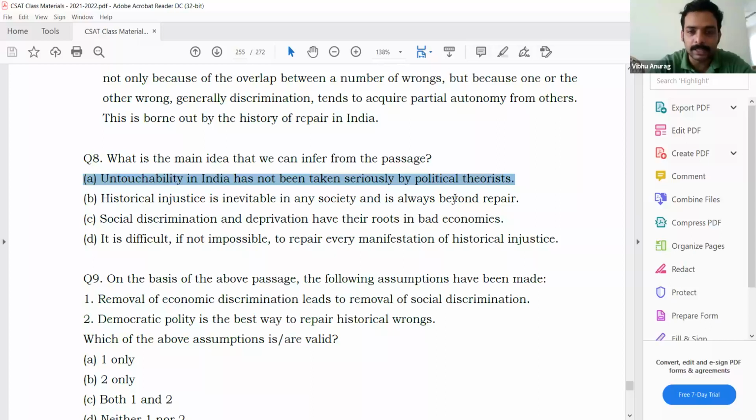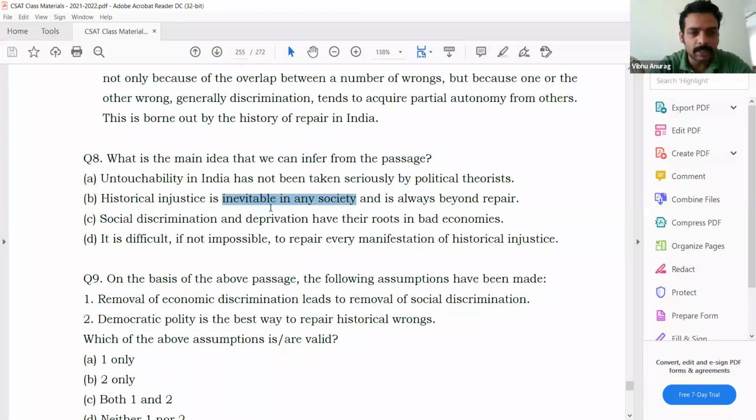This statement seems extreme because it's not really implied that it is always beyond repair, and that too in any society. It's an extreme statement, eliminate it. We are just talking about India here.